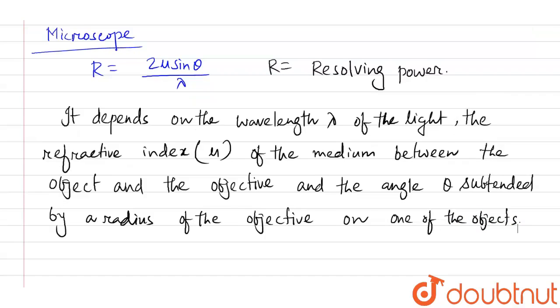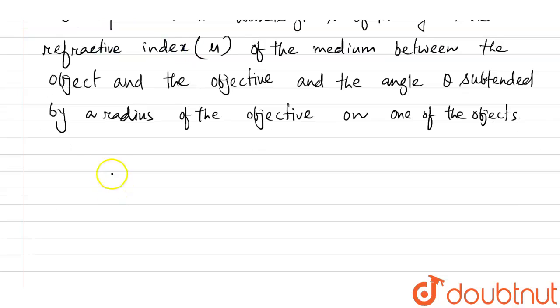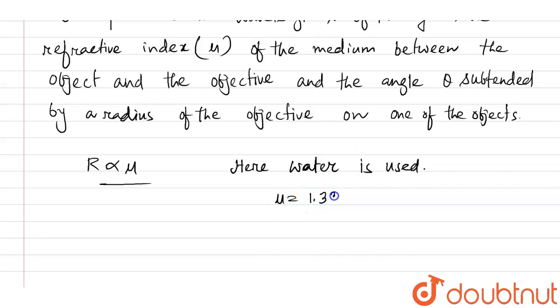So we can see that resolving power R varies with mu. Here water is used in the given question, that means mu equal to 1.33.